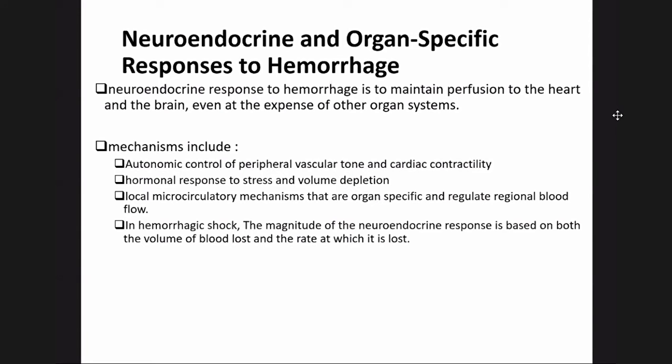Mechanisms include autonomic control of peripheral tone and cardiac contractility, hormonal response to stress and volume depletion, and local microcirculatory mechanisms that are organ-specific and regulate regional blood flow. In hemorrhagic shock, the magnitude of the neuroendocrine response is based on both the volume of blood lost and the rate at which it is lost.